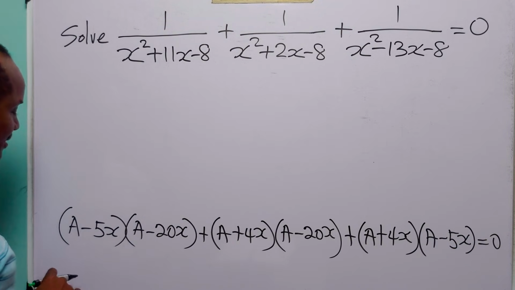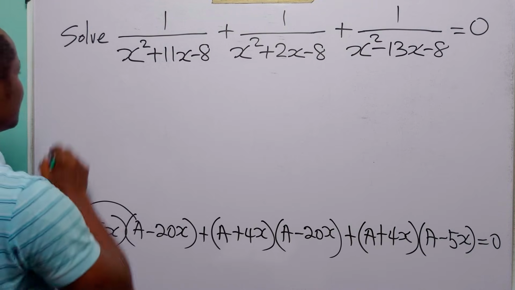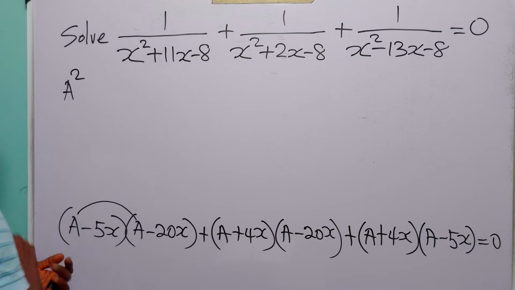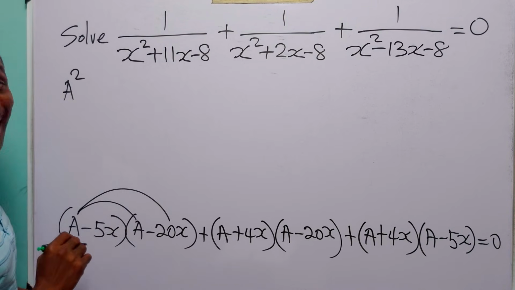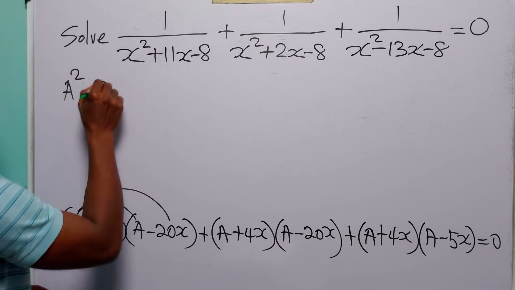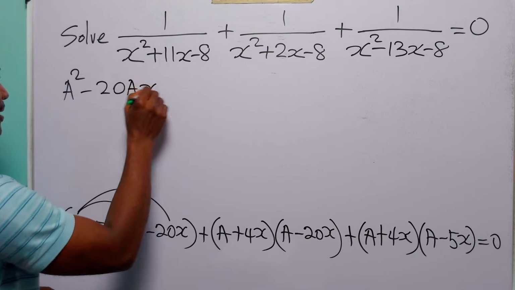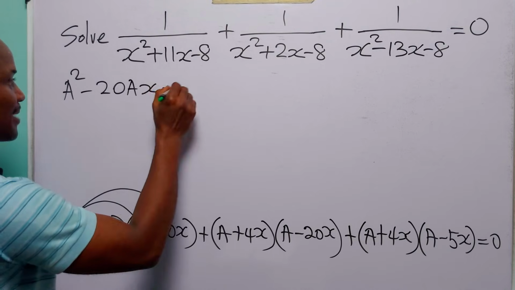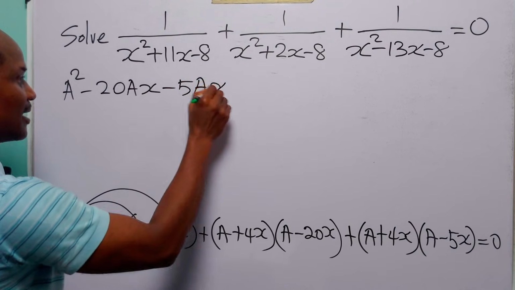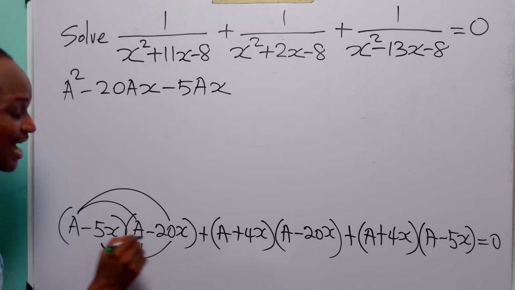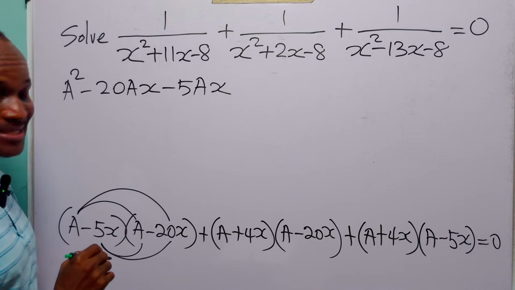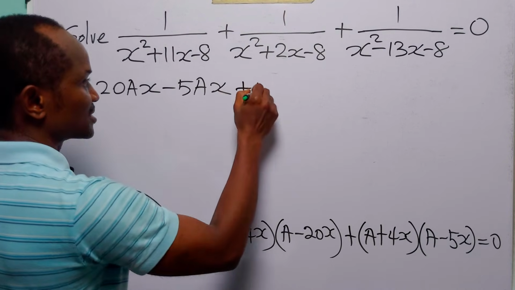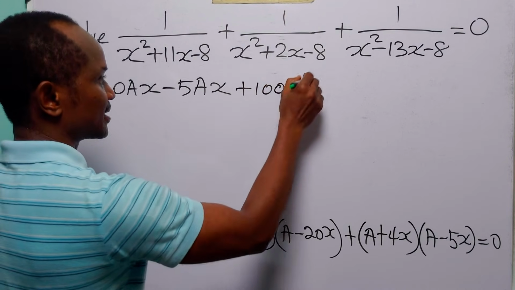Now let us expand. A times a is a squared. A times minus 20x is minus 20ax. Minus 5x times a is minus 5ax. And minus 5x times minus 20x is plus 100x squared.